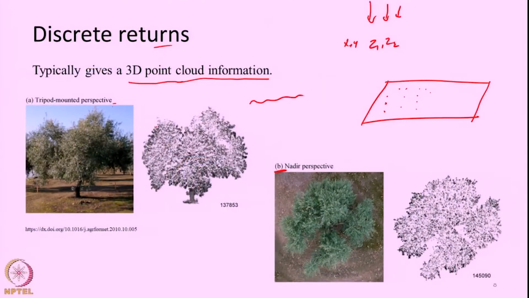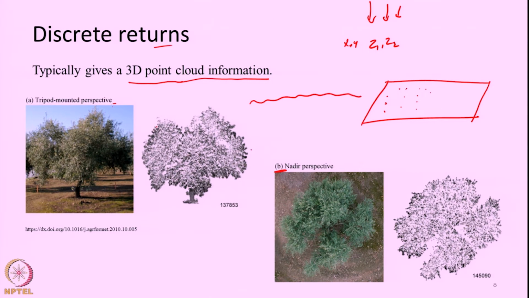And when you see them simultaneously, you will get some picture about the 3-dimensional nature of the terrain. Say if you are running the flight over a forest, all the first returns might have come from the canopy, right. So all the first returns, if you see them, you will get the nature of the canopy height, maybe it may look something like this after doing some sort of interpolation.